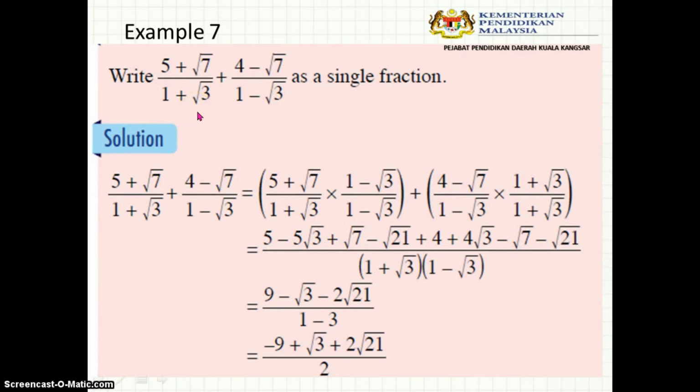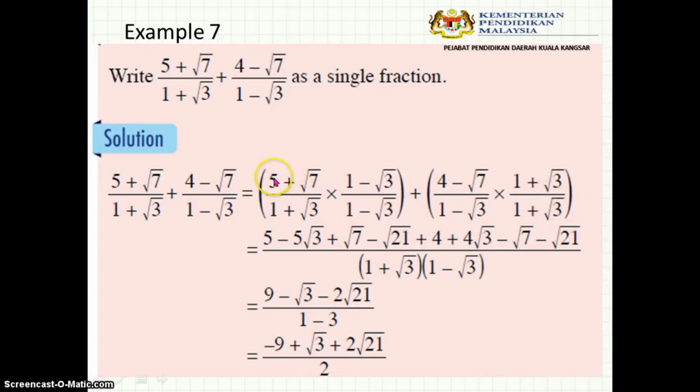Okay, example 7. Now write this expression as a single fraction. So 5 with denominator 1 plus square root 3, the conjugate surd is 1 minus square root 3. And another with the denominator 1 minus square root 3, so we multiply by the conjugate surd 1 plus square root 3 over 1 plus square root 3.